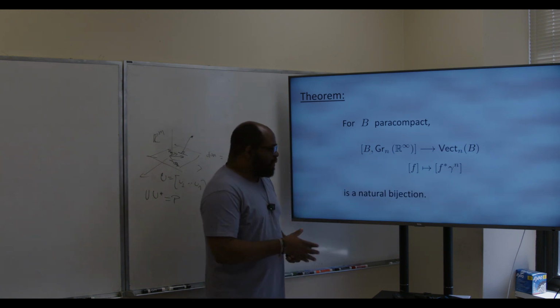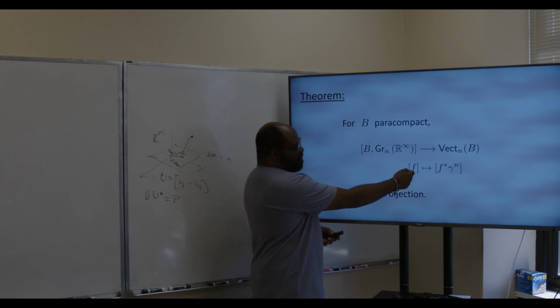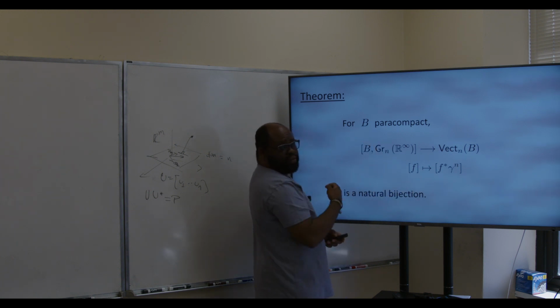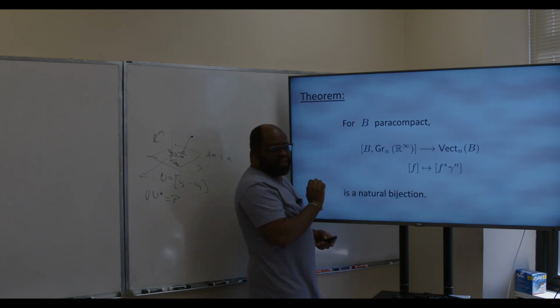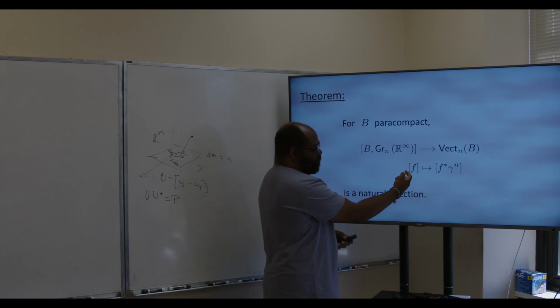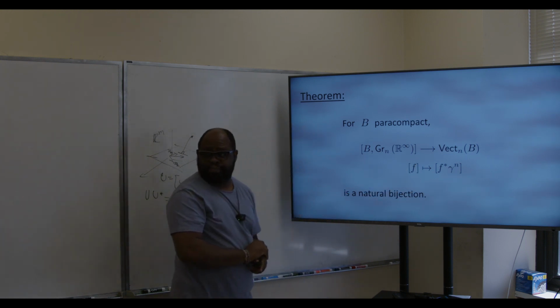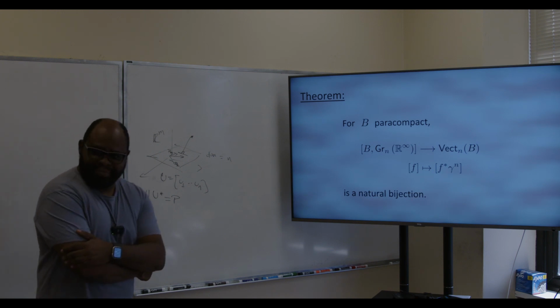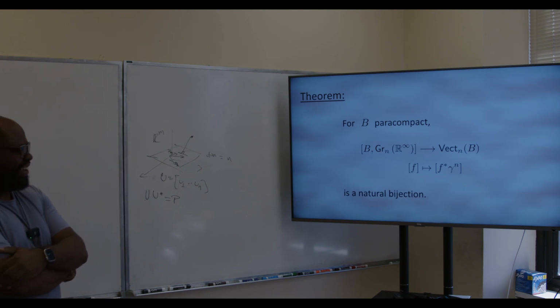And again, the construction is, if I give you an f, then you can pull back the tautological bundle over the Grassmannian. That's the construction. And this is invariant under homotopy equivalence of f.